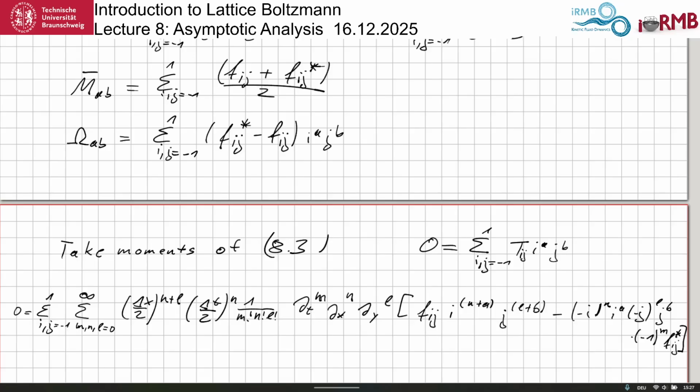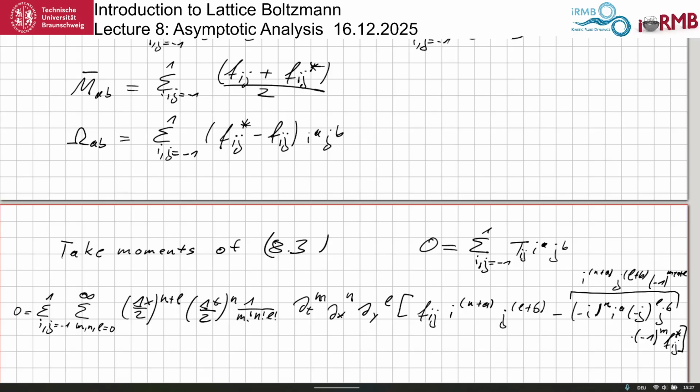So the thing here can also be written as i to the power of n plus a, j to the power of l plus b, and then minus 1 to the power of m plus n plus l.